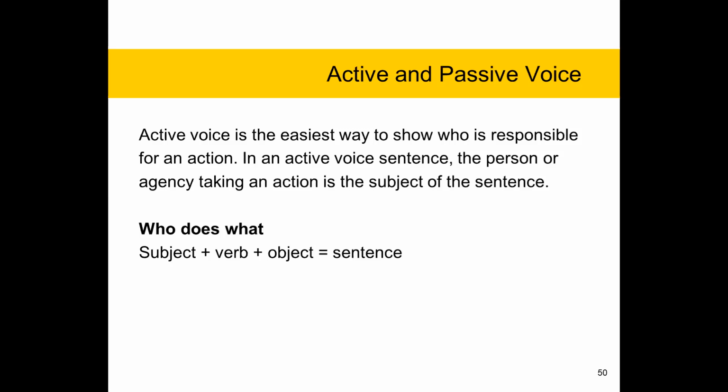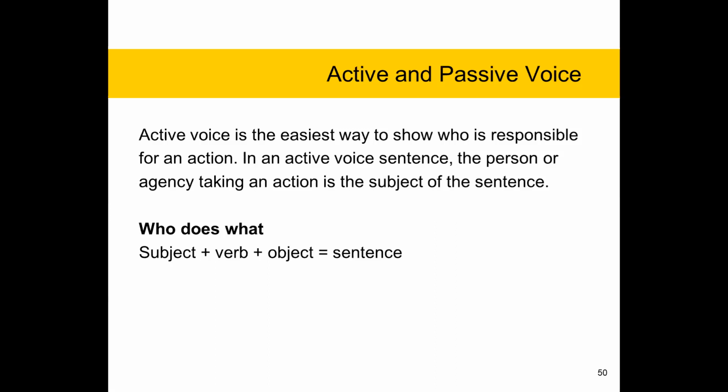Okay. Active voice is what we do the most of. Somebody does something. Subject, verb, maybe an object equals a sentence. Literally, that means I, the subject, am going, that's the verb, to the store. I'm going to the store.